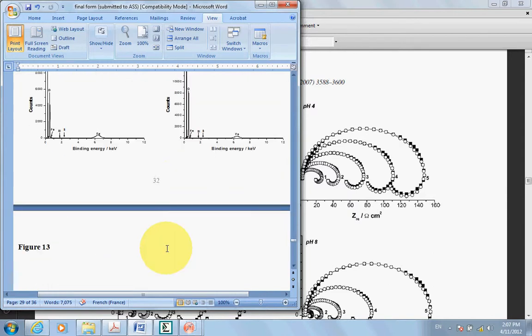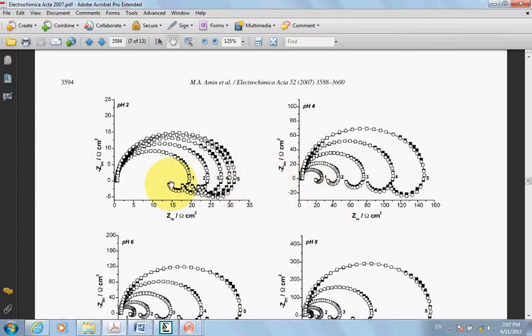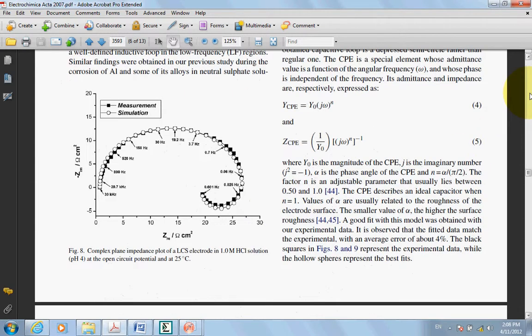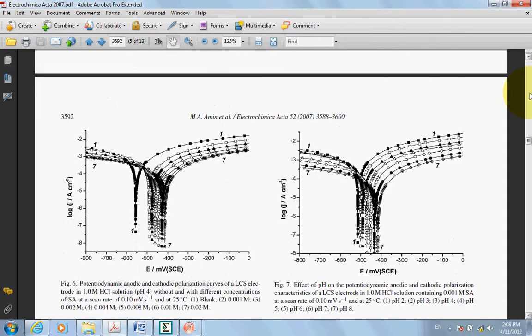Actually it is very clear, we don't need to do that. The number of points is the same; the curve is just moved by multiplying figure 1 by a constant to get figures 2, 3, 4 and so on. The same behavior seen in weight loss and polarization is repeated in the EIS technique.